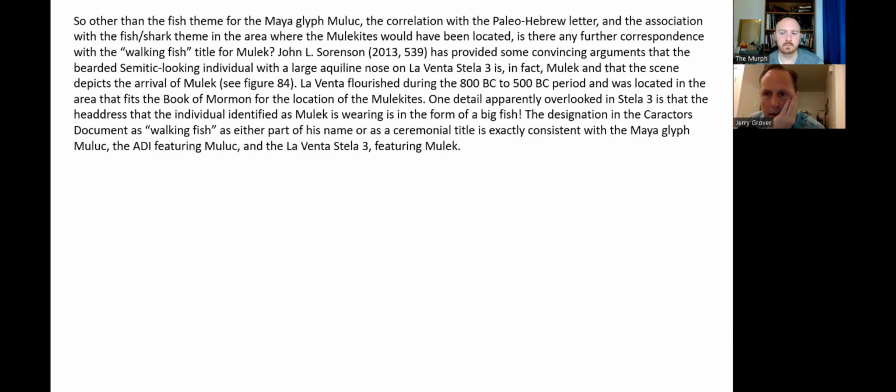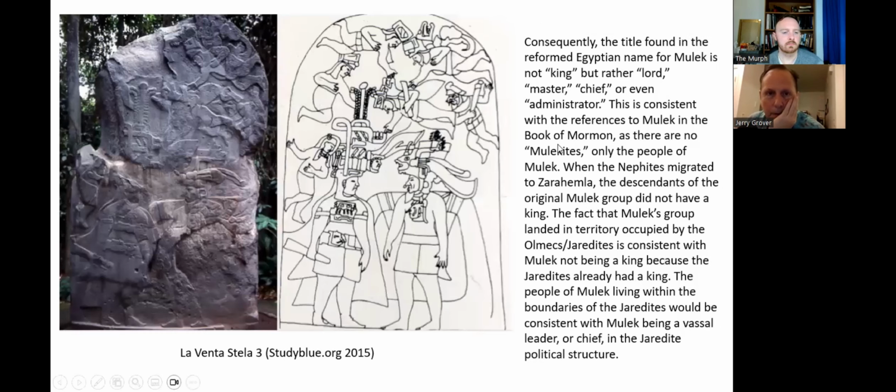It's this one here. He has a beard, a big Roman nose, and it looks like some encounter between two groups. That's the interpretation, not only of Sorensen, but others.